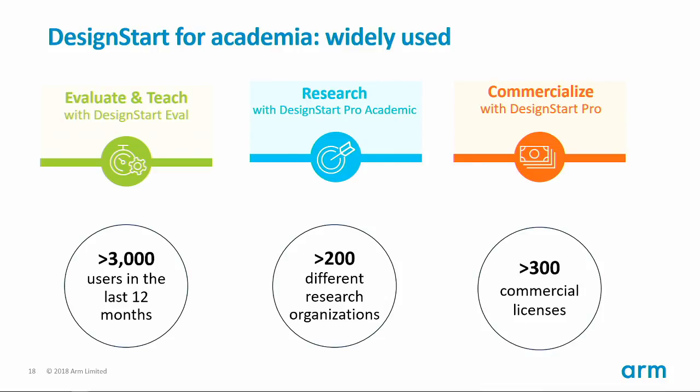And we're very happy to see that we had really good success for all of these 3 DesignStart delivery mechanisms. As you can see, we had more than 3,000 downloads in the last 12 months for DesignStart Eval. We have more than 200 different research organizations having access to DesignStart Pro Academic, and more than 300 commercial use cases, commercial users accessing DesignStart Pro.